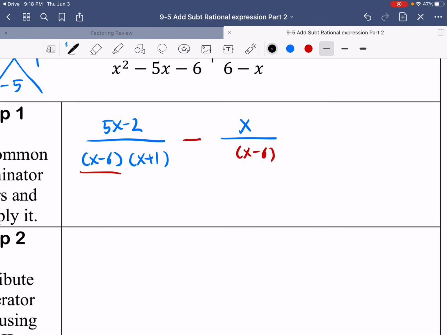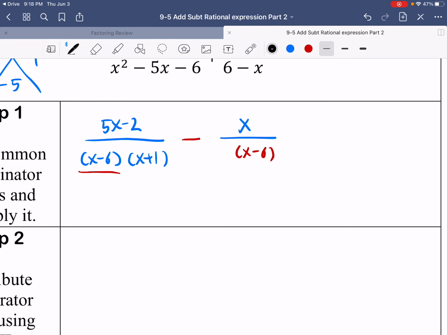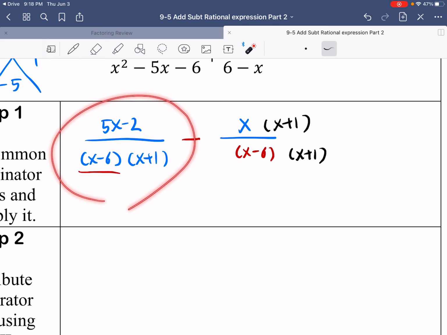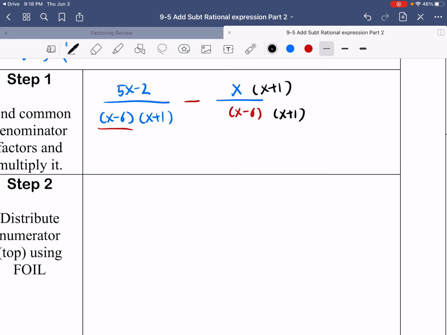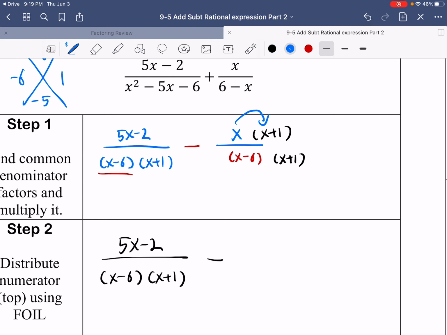Now we can find a common denominator, because the only thing I have to do is multiply by x plus 1 here, because I have everything here. So I have 5x minus 2 over x minus 6, x plus 1, minus, here, x times x is x squared, x times plus 1 is plus x, over x minus 6, x plus 1, right?